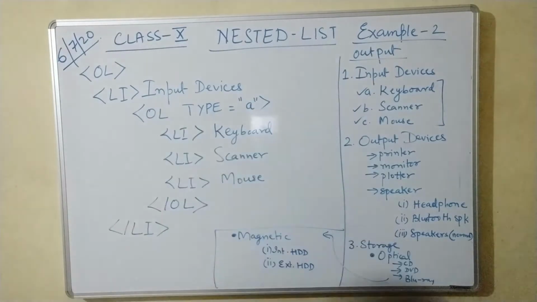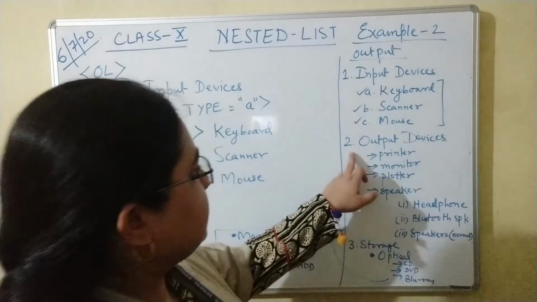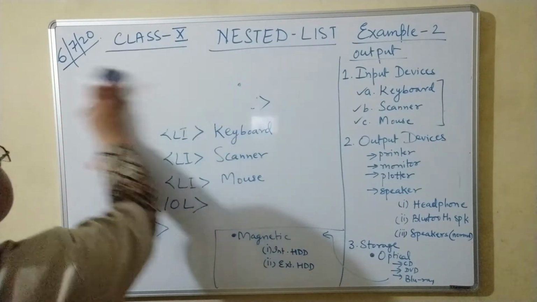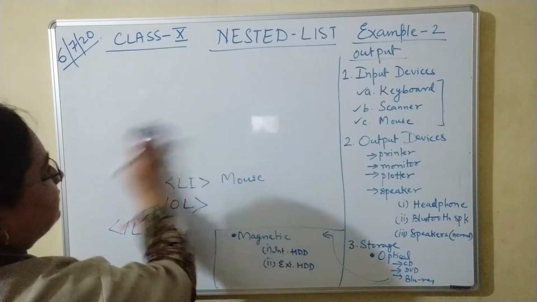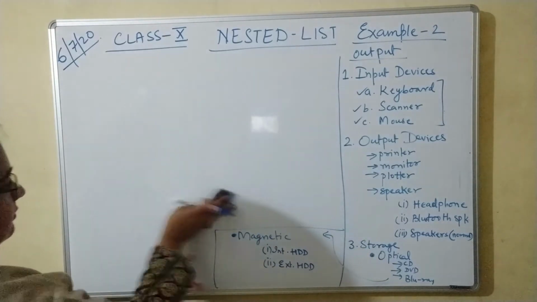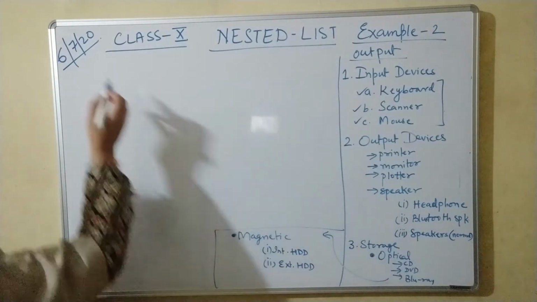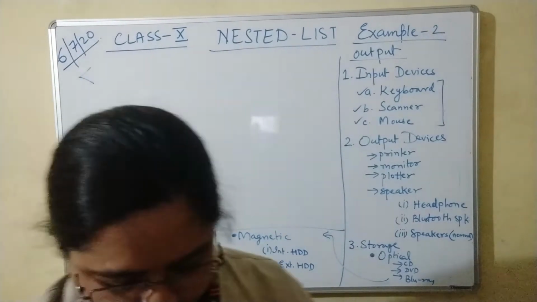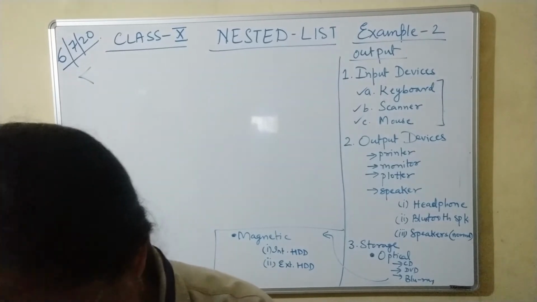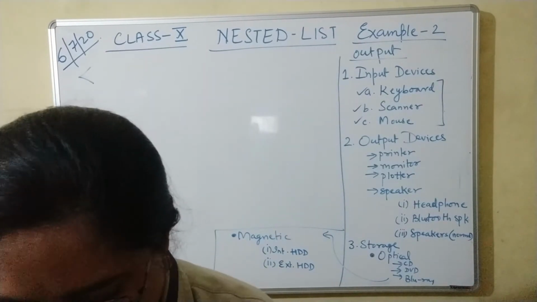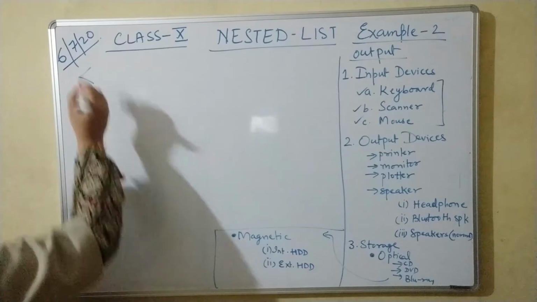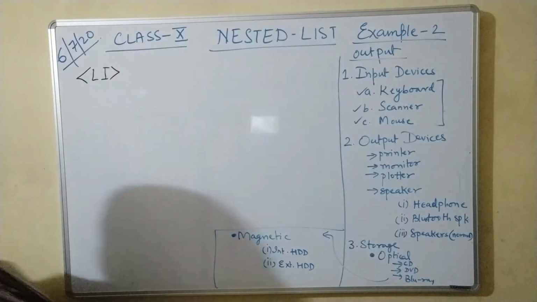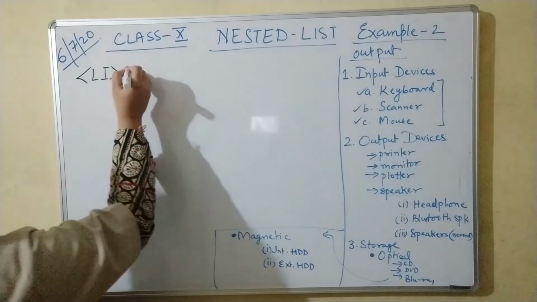Now I will begin with the second list item, that is output devices. So I will start with LI, you can see over here, and it is output devices.